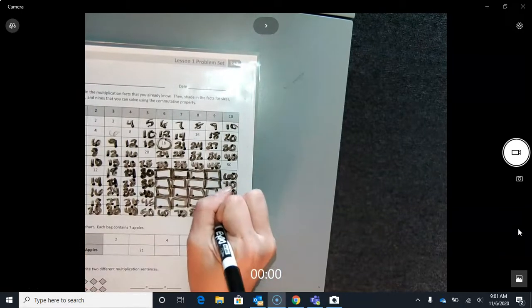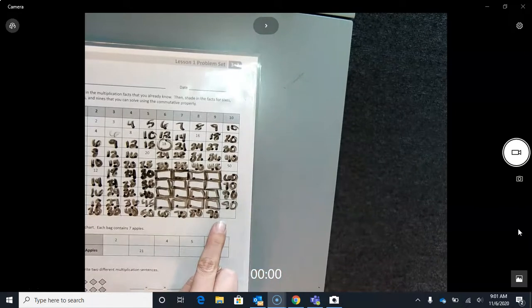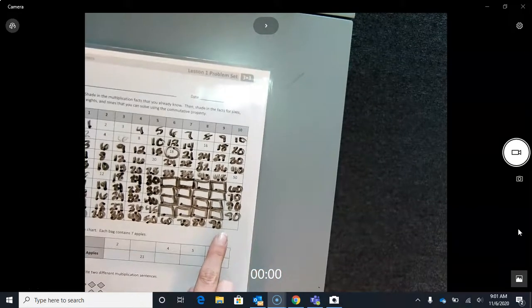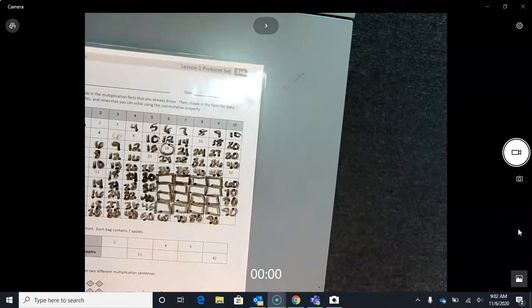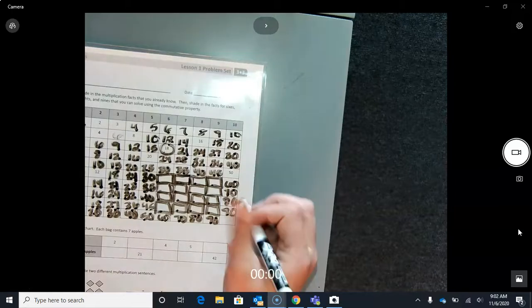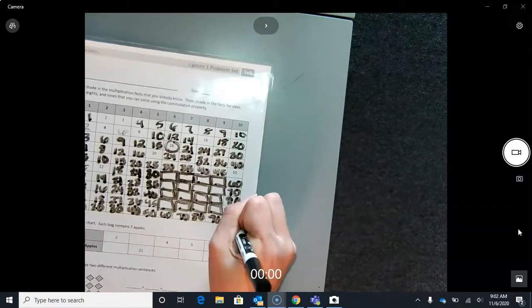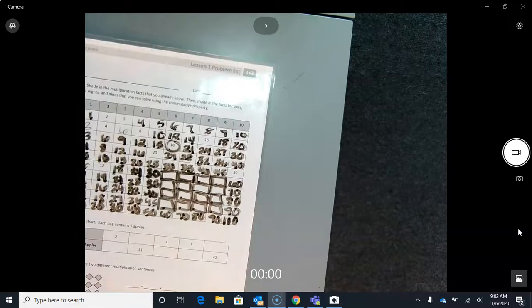And 9 times 10 is 90. What will come next? 10 times 10. If we have 10 times, what will our fact be? Right, 100. Another 10 up from 90 would be 100.